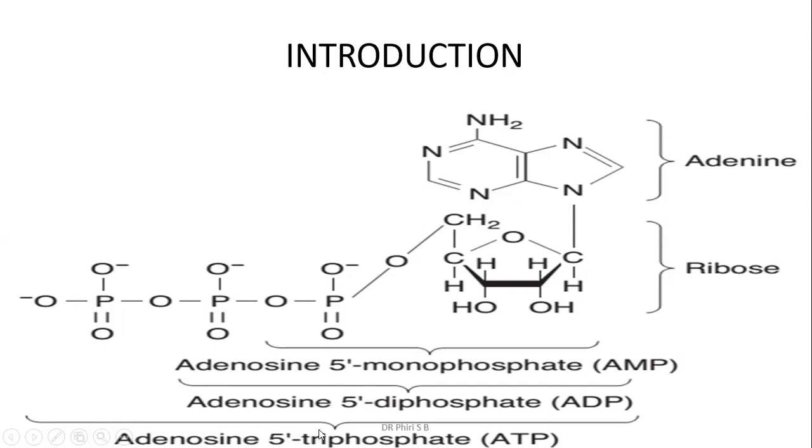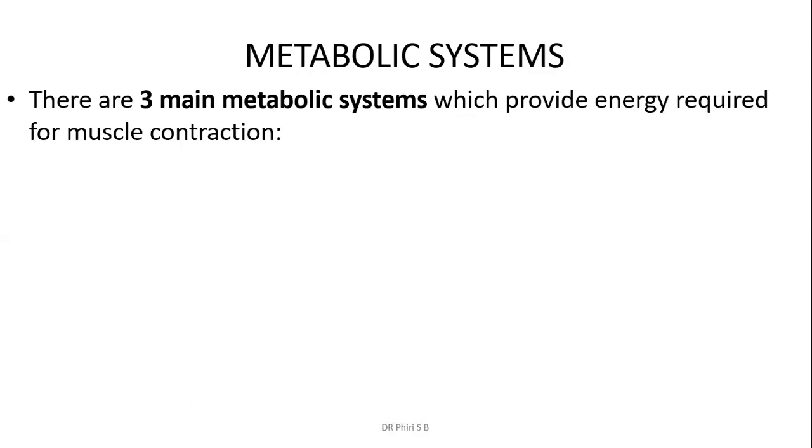So hydrolysis of this molecule will release energy that will bring about muscle activities, especially contraction and also relaxation. Because for a muscle to contract requires energy, and for a muscle to relax also requires energy. You know that.